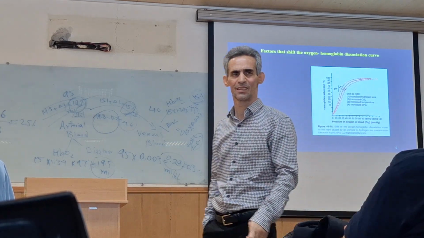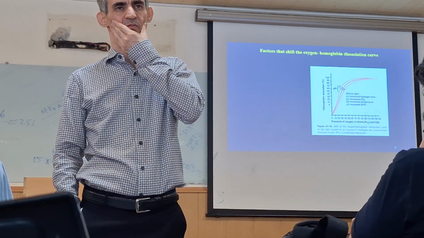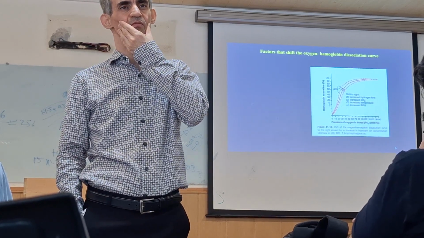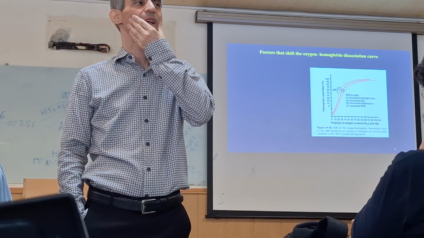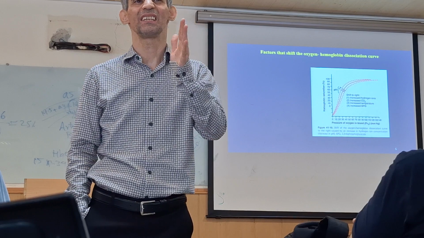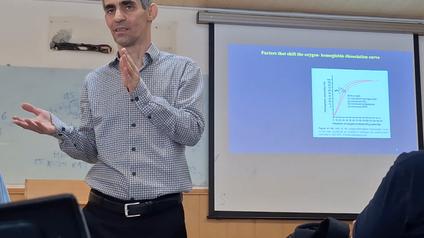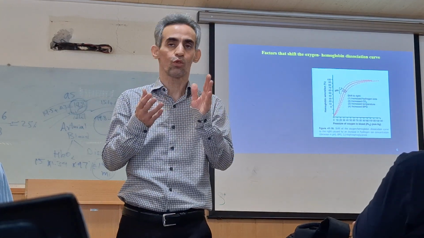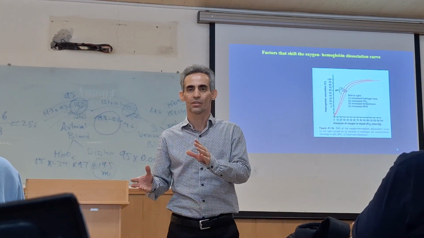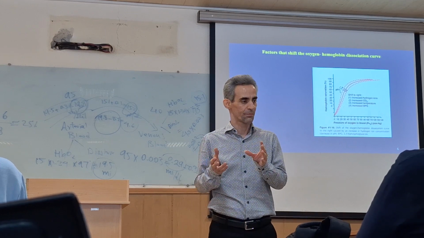From the capillaries, hemoglobin has to pick up oxygen and go to the tissue. In the tissue, it has to release the oxygen, according to the amount of affinity of hemoglobin to oxygen. Affinity is the tendency of the hemoglobin to bind with oxygen. Affinity is tendency, is love.